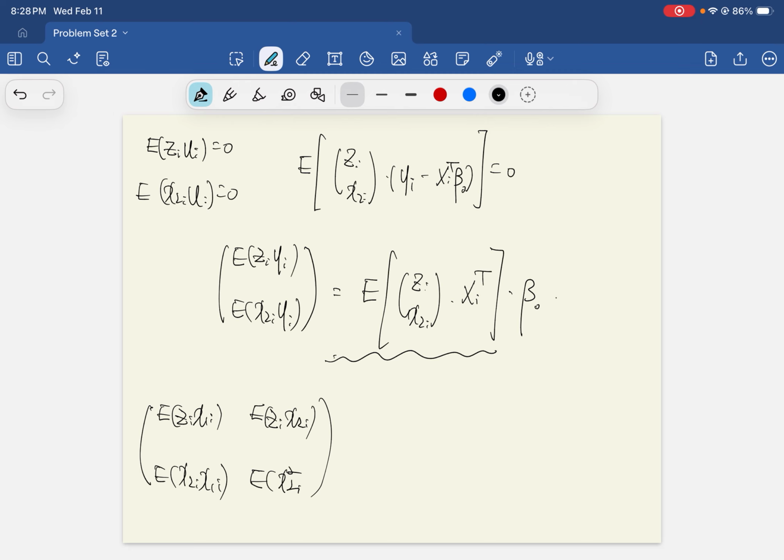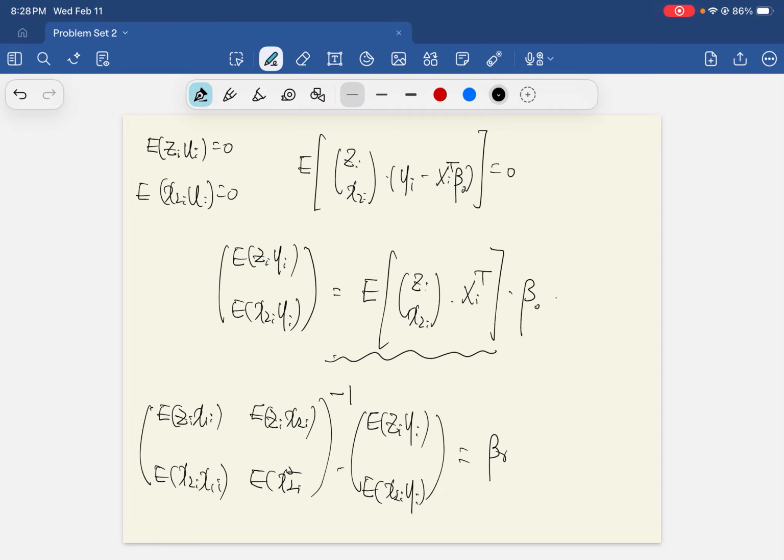We need to check if this is invertible. If it is invertible, then this is the identification of beta 0.